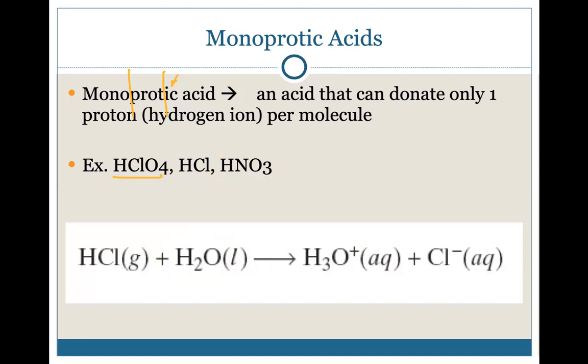First thing that you do is you say, okay, what's happening on the right-hand side, so I can figure out what was going on. So water became hydronium, which means it accepted a proton, which means it's a Bronsted-Lowry base because it accepted a proton. And HCl, what you have left is only Cl. So HCl donated a proton, so it's a Bronsted-Lowry acid.